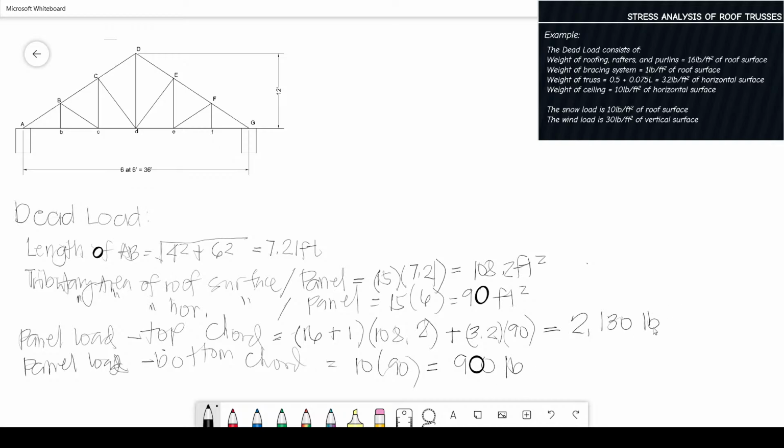The question is, how do we place these? The load is in terms of pounds per square foot, on our horizontal panel area. Our roof surface is inclined.